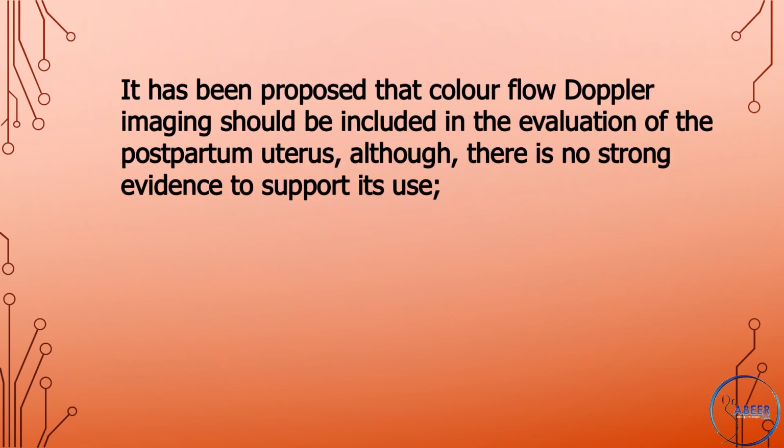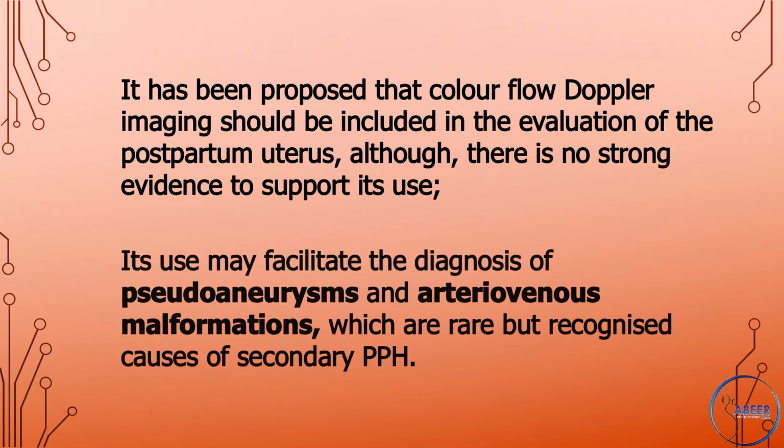It has been proposed that color flow Doppler imaging should be included in the evaluation of the postpartum uterus. Although there is no strong evidence to support its use, it may facilitate the diagnosis of pseudoaneurysms and arteriovenous malformations, which are rare but recognized causes of secondary postpartum hemorrhage.